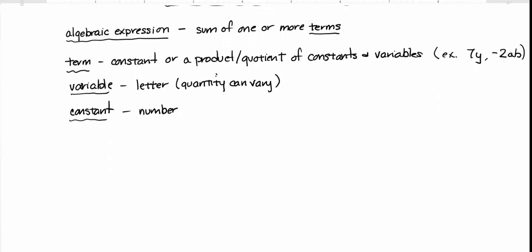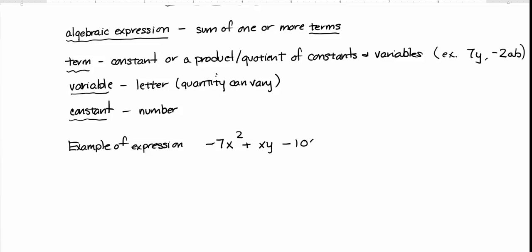So if we talk about an expression, an example of an expression, something like negative 7x squared plus xy minus 100. Okay, each one of these are separated by an addition or a subtraction, right?